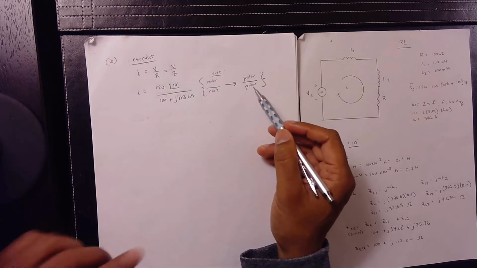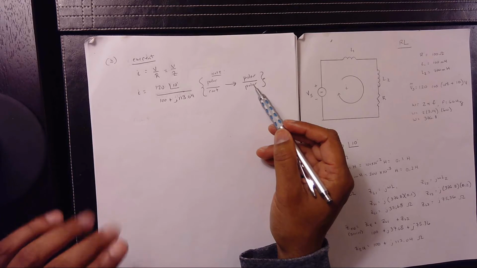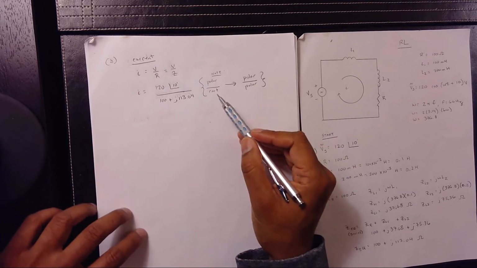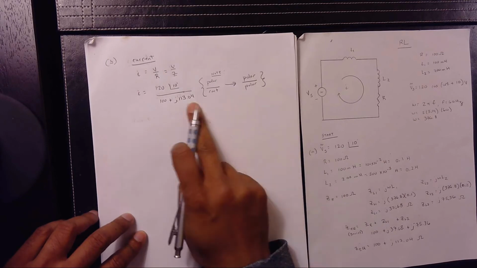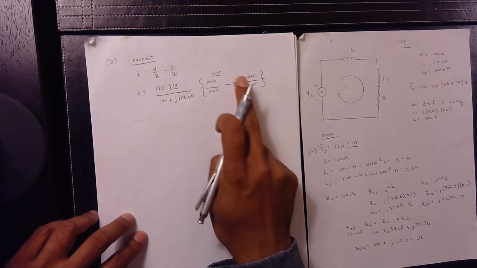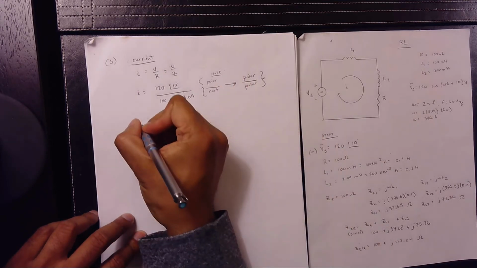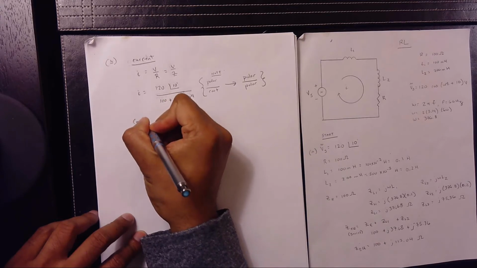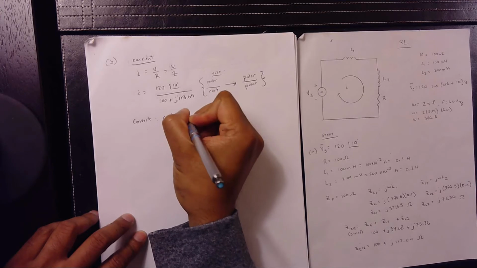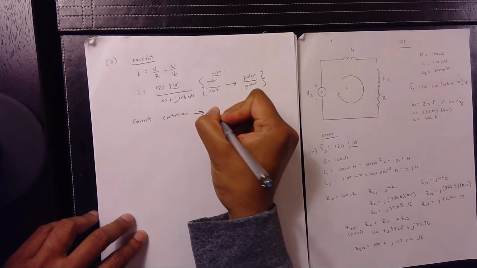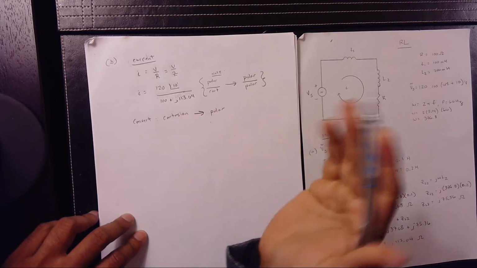Because in polar you can multiply and divide, and addition and subtraction occur in Cartesian. So what we have to do now is convert the bottom from Cartesian to polar, while the top will remain as polar.